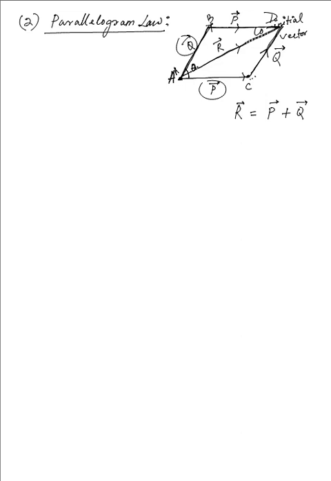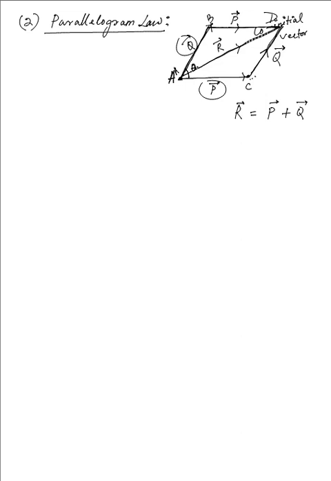Because CD is initiating from the point C, which is the ending point of the vector P, we have a hidden triangle law over there as well.